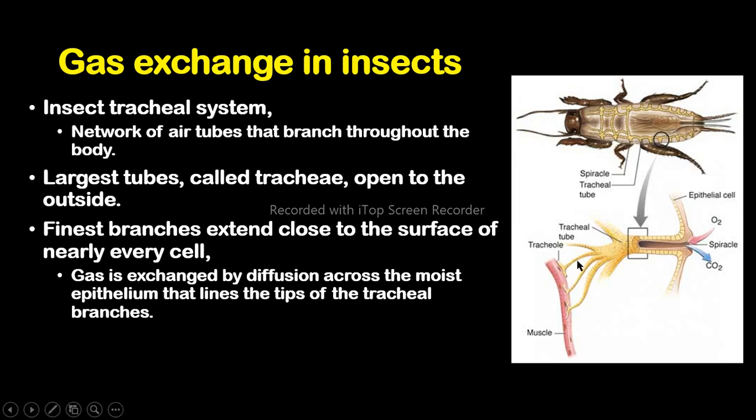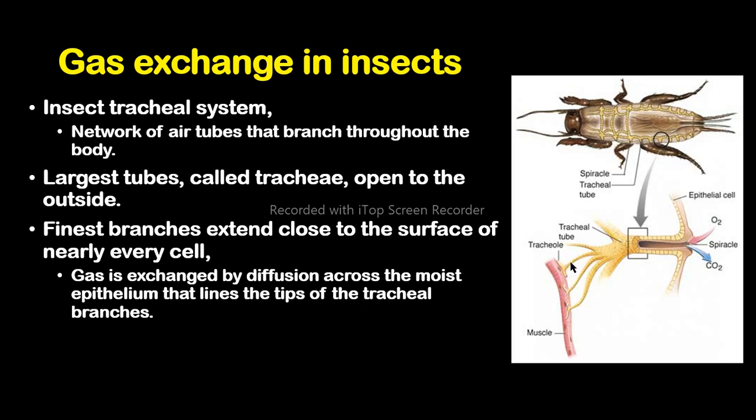Inside these tubes, you have tissue fluid that increases and decreases depending on how the gases are transported at a particular time, as we are going to see. When gas, for instance oxygen, is allowed in through the trachea and then the tracheoles, within these tubes you have fluid.